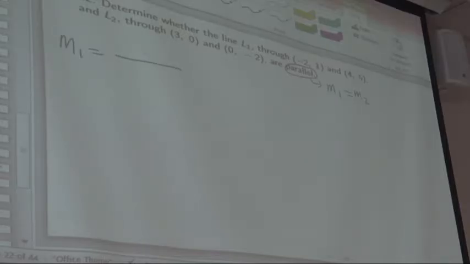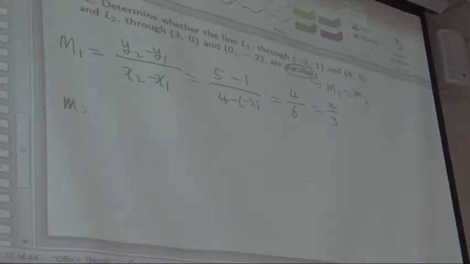M1 is y2 minus y1 over x2 minus x1, which is 5 minus 1 over 4 minus 2, which is 4 over 6, which is 2/3.